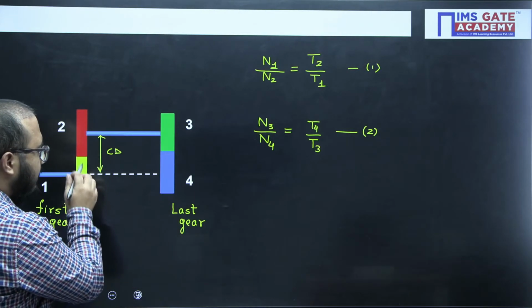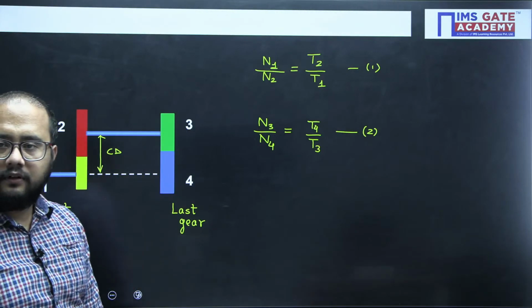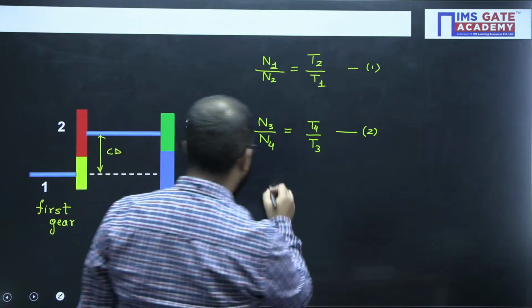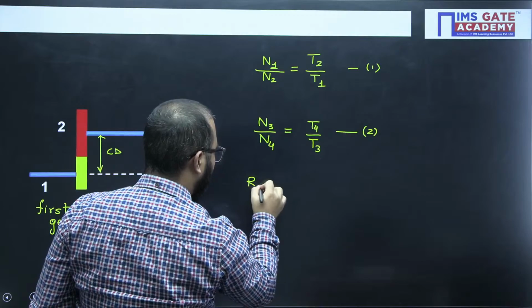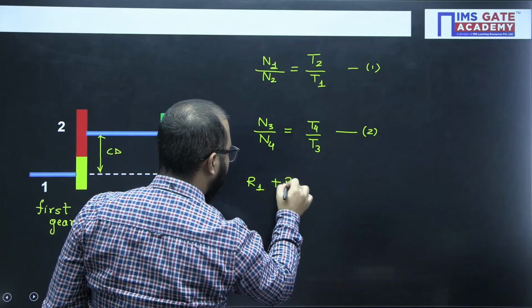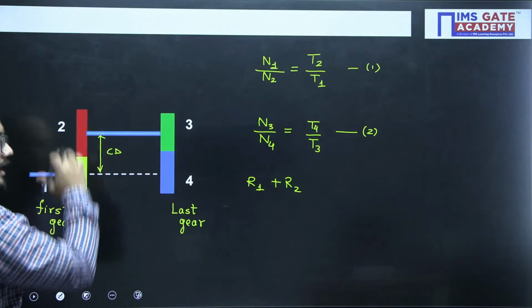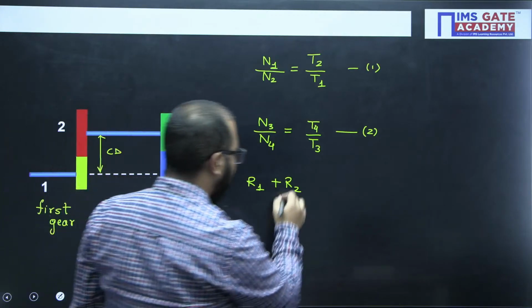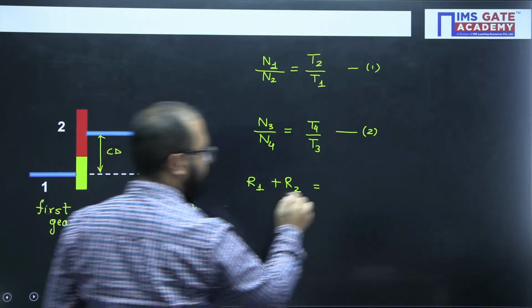I can write R1 plus R2 equals R3 plus R4. Are you getting the point? From this particular arrangement, I can write R1 plus R2, where this is the radius of gear 1 and this is the radius of gear 2, equals R3 plus R4.